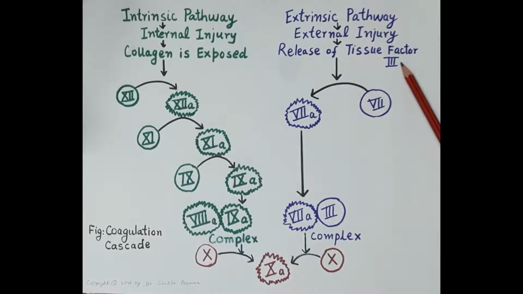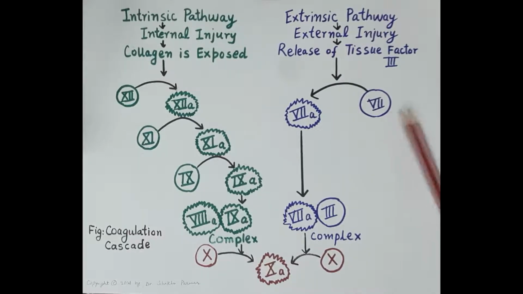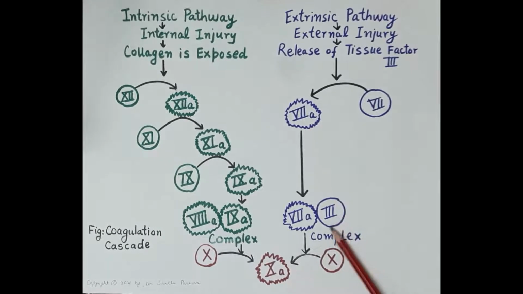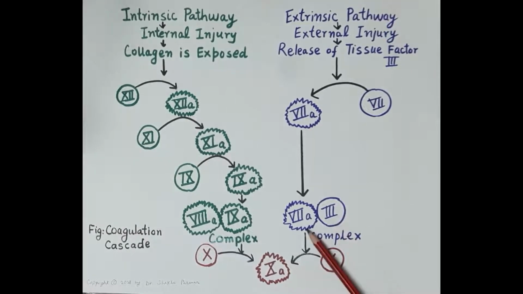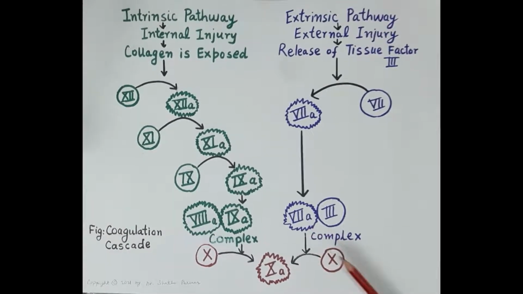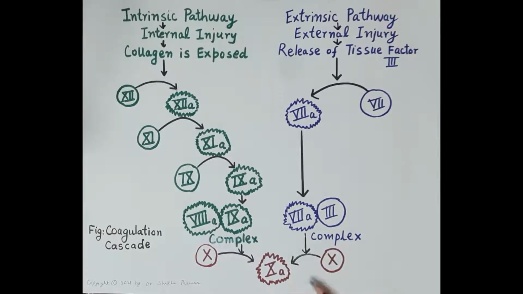This tissue factor activates clotting factor 7, which is now termed 7A. The tissue factor complexes with clotting factor 7A, and this complex activates clotting factor 10 to 10A. So finally, both intrinsic and extrinsic pathways activate clotting factor 10 to 10A.